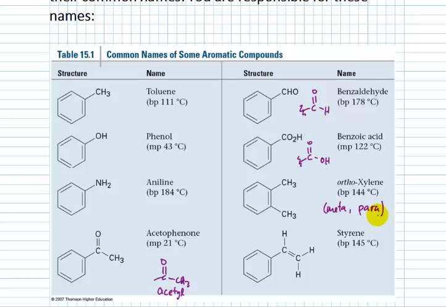Anytime we have 2 methyl groups, we call that a xylene. Here is styrene, okay? Benzene ring with a CC double bond attached to the ring. So benzene CH double bond CH2. So that is the monomer for polystyrene, where we do a radical polymerization with the CC double bond there.